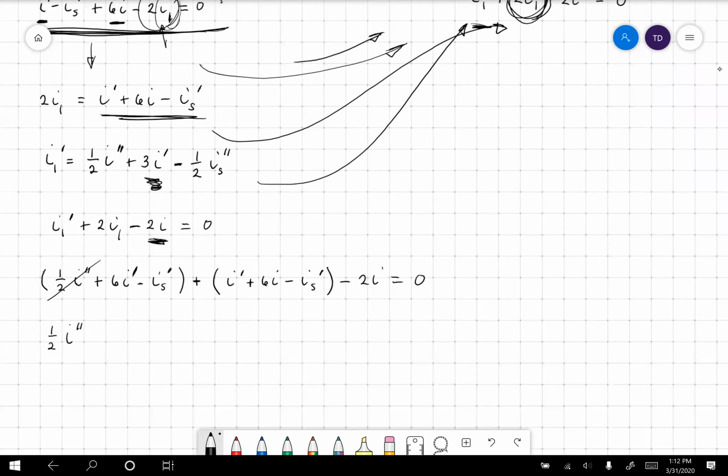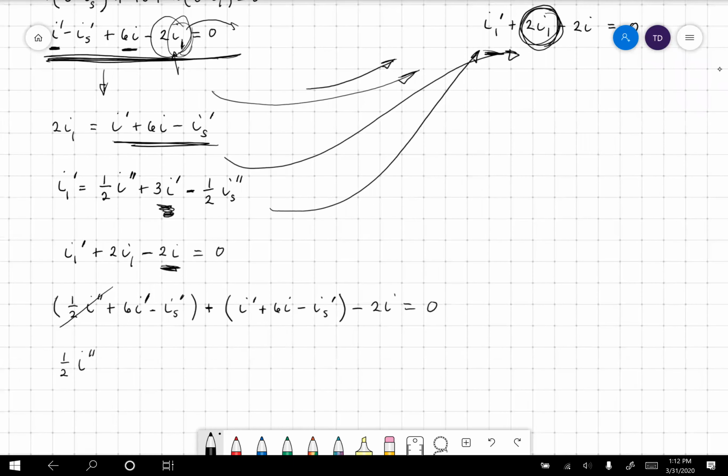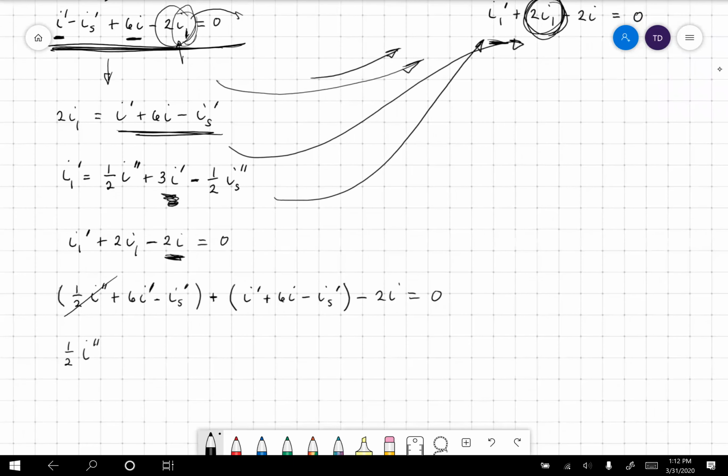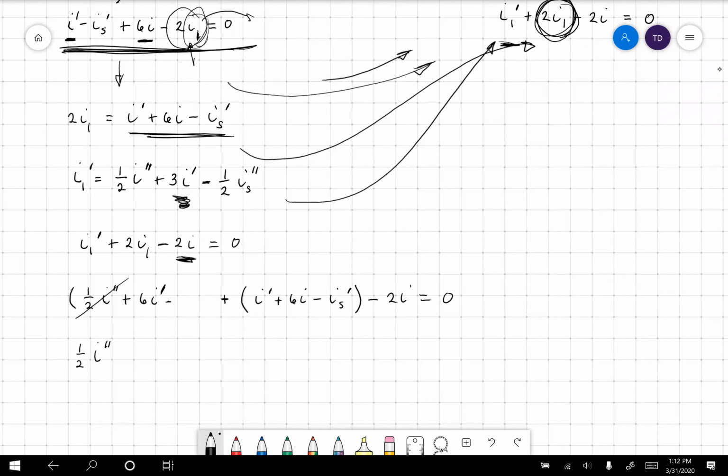Hold on. What did I do? I1 prime. I didn't even copy this down correctly, you guys. Let me clean this up. Minus 1/2 IS double prime. If I would just stare right here, this goes in to that.